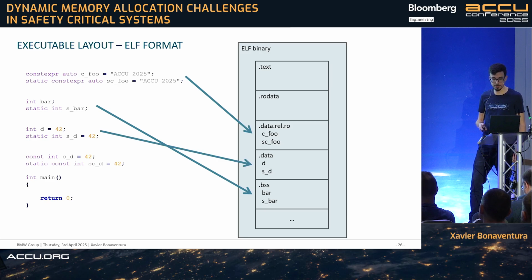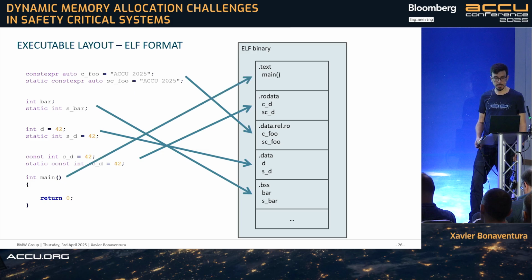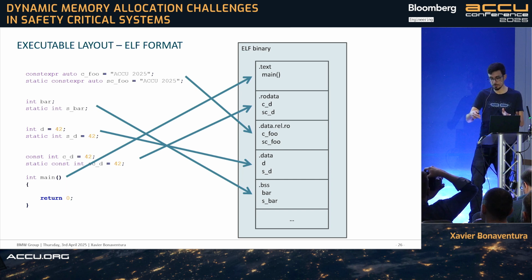We have these ones that are initialized that go into the data section. And then we have these constants that end up in the read-only data section. And our main would end up in this text section. And this should give you an overview of how things end up from your code to the memory of the executable, like on disk.